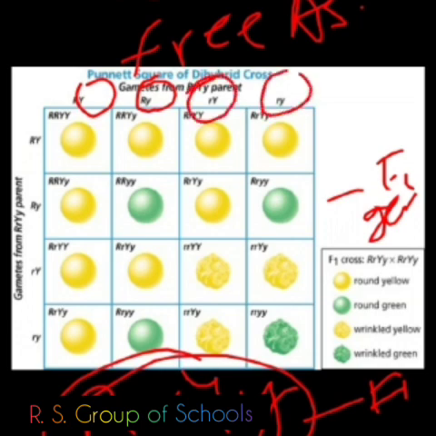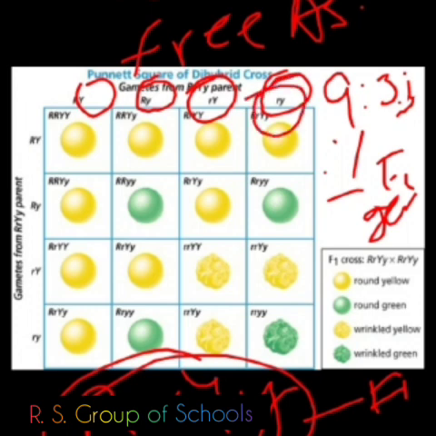When these gametes are crossed, the result in the F2 generation is 9:3:3:1: 9 are round yellow, 3 are round green, 3 are wrinkled yellow, and 1 is wrinkled green.